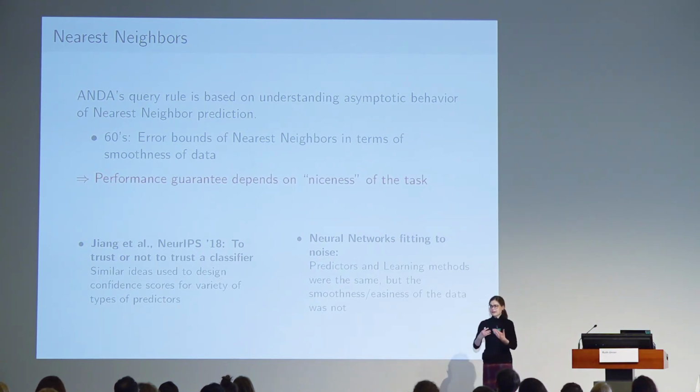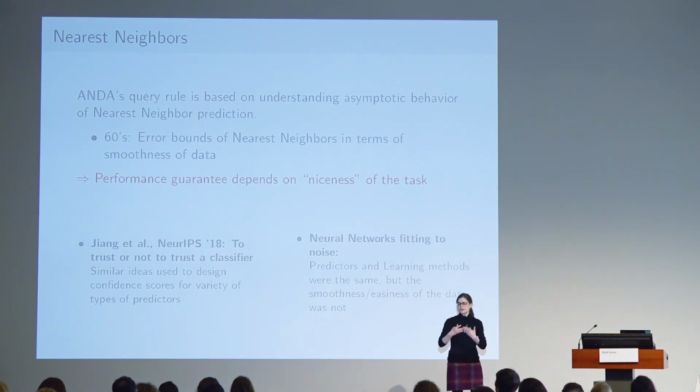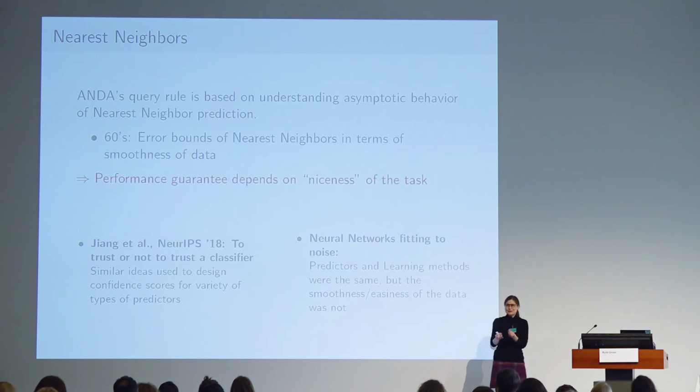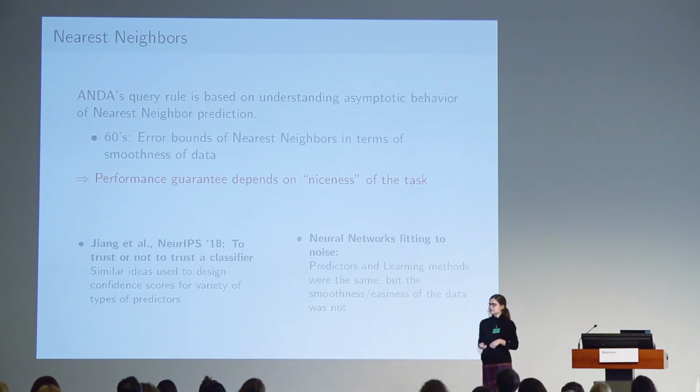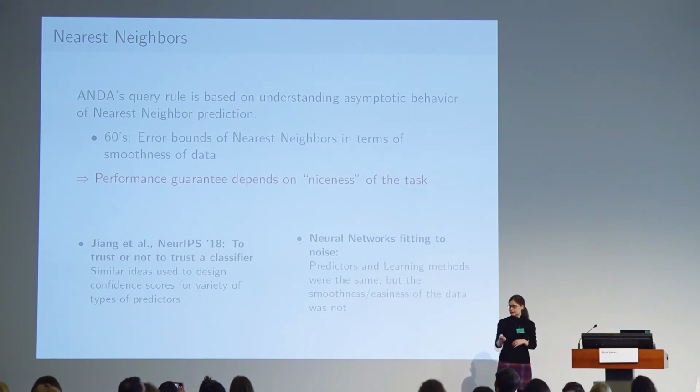Maybe the performance that we get on deep networks is not so much an issue of what we were concerned with before, like the capacity of the class or properties of the learning algorithm, but maybe what really comes into the picture here is the difficulty or the smoothness of the underlying data problem.